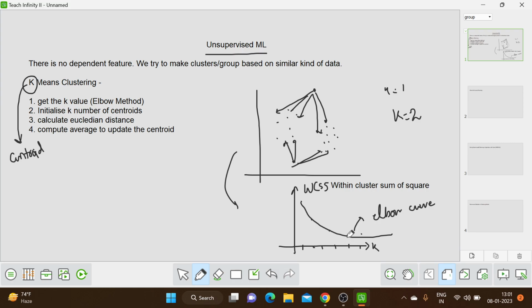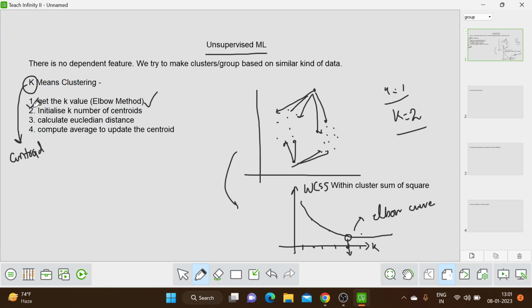In the elbow curve, where I find there is an abrupt change, that becomes my k value. So I got the k value by the elbow method. I initialize the k, calculate the distance, draw a graph between the WCSS, the within cluster sum of square, and k. I got an elbow curve where there is an abrupt change, and I take that k value. So the first method is over.